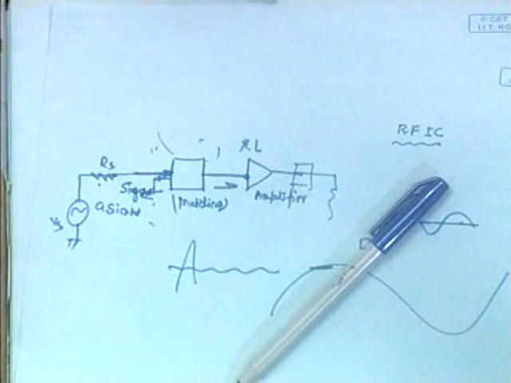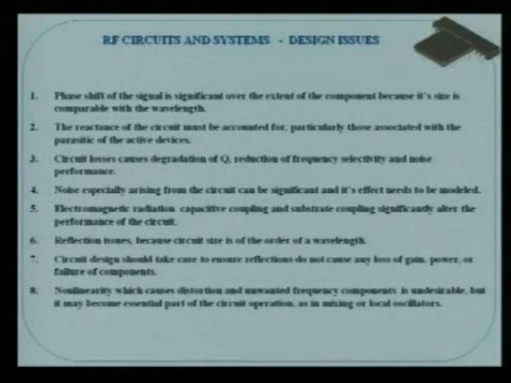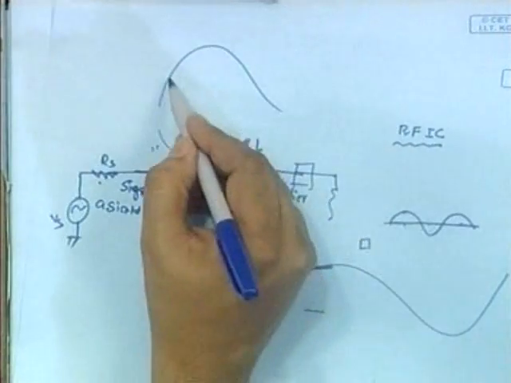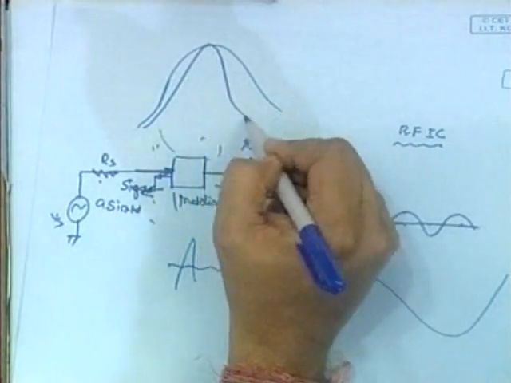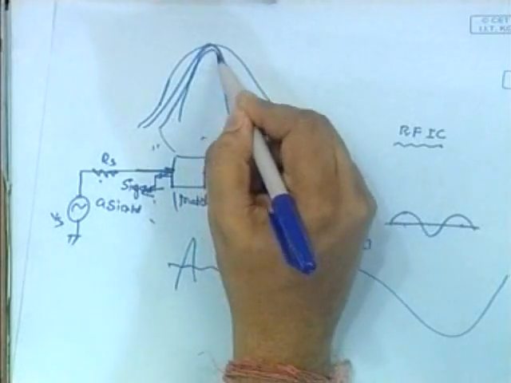So these are a few points. For example, circuit losses cause a degradation of Q, a reduction of frequency selectivity and noise performance. Q is another very interesting measure. Q means quality factor. What is the power dissipated and what is the power given in the system? If Q is high, it is always better, that means your power consumption is less. So if you have a good matching network and sharply tuned, for example, suppose this is one tuning network and this is another tuning network and that is another, and finally it is becoming very sharp.